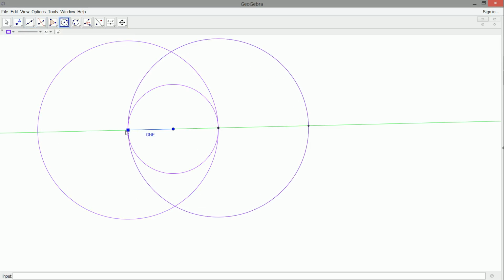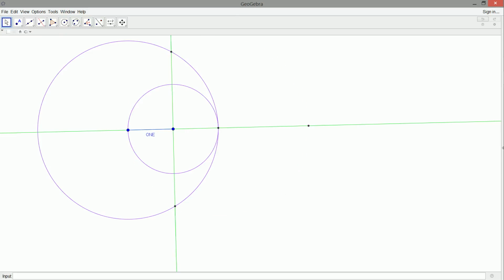We would be constructing this circle, but it happens to be one we already have, so we don't need it. So we have this perpendicular line here. And now the length from our blue dot up is root 3.